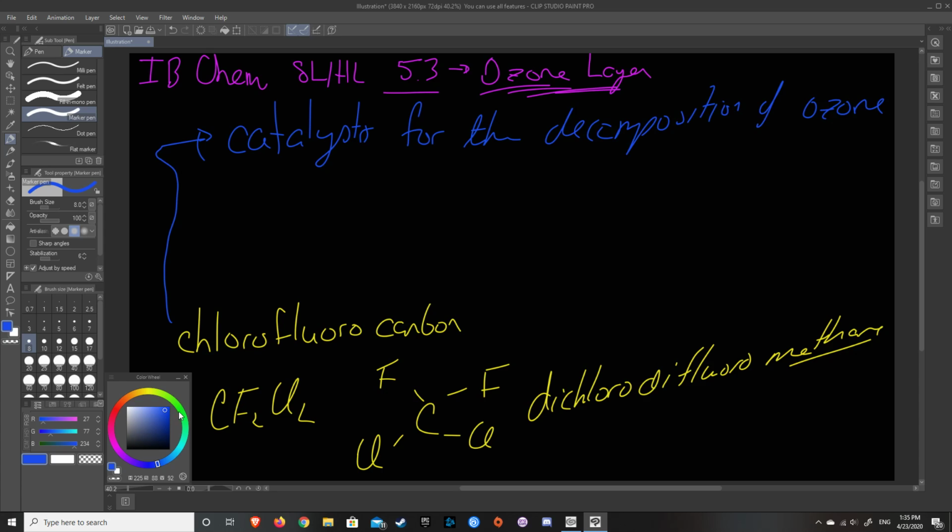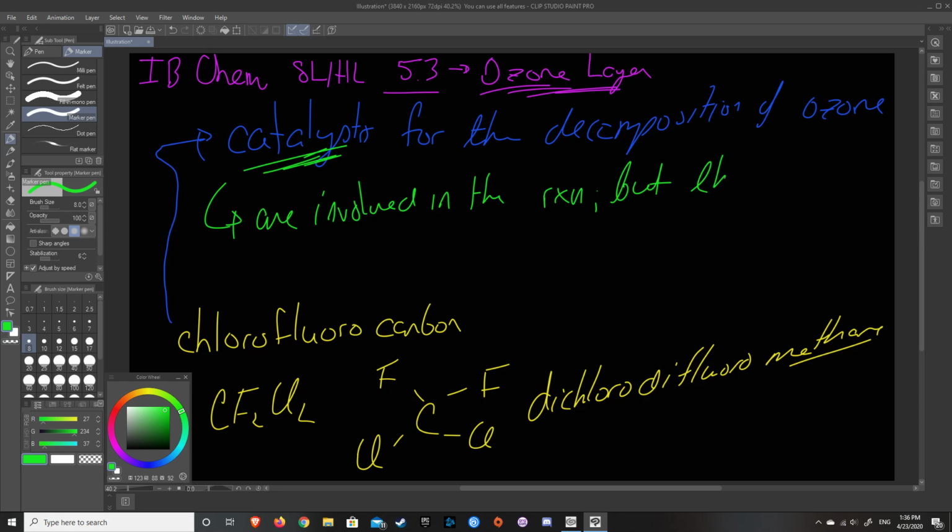And the important word to look at here is that it acts as a catalyst. Catalysts are involved in the reaction, but they are not used up in the end.